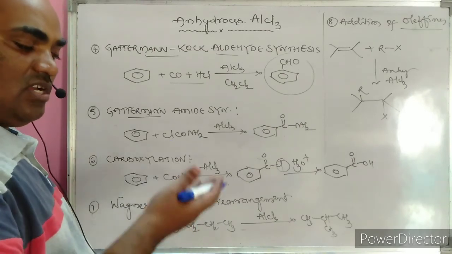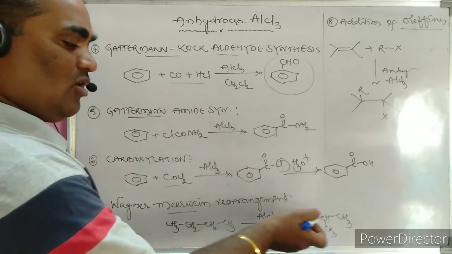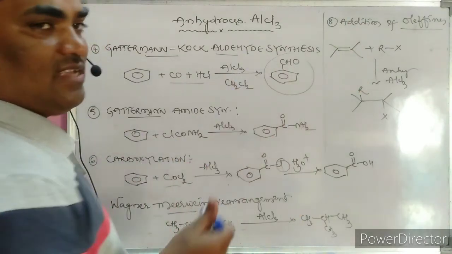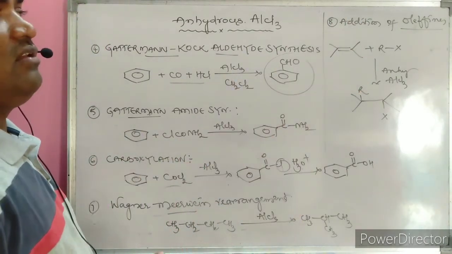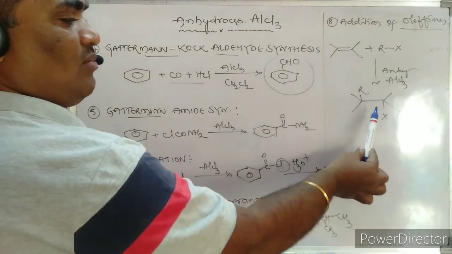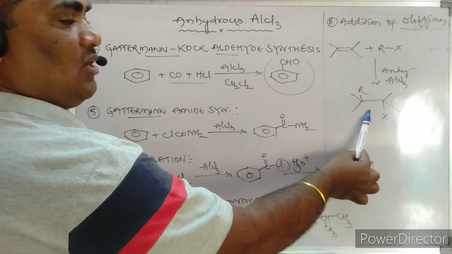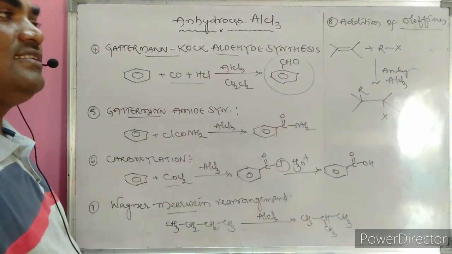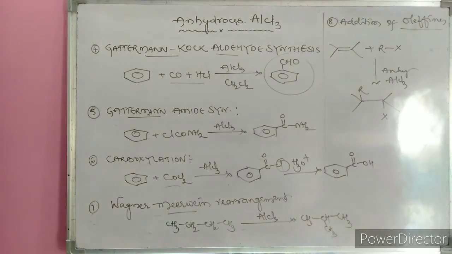That conversion of the less stable compound to the more stable compound we call Wagner-Meerwein rearrangement. And one more example is the addition of olefin. Unsaturated hydrocarbons are converted into saturated hydrocarbon when alkyl halide is treated with anhydrous AlCl3. Like these there are several examples.